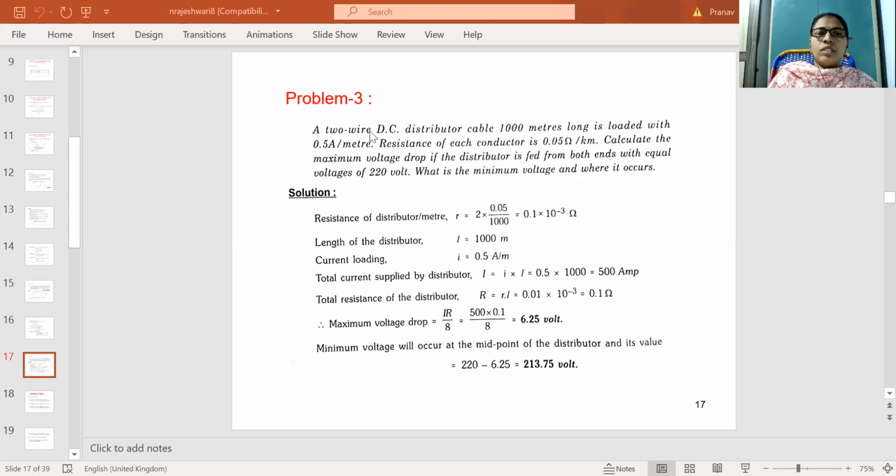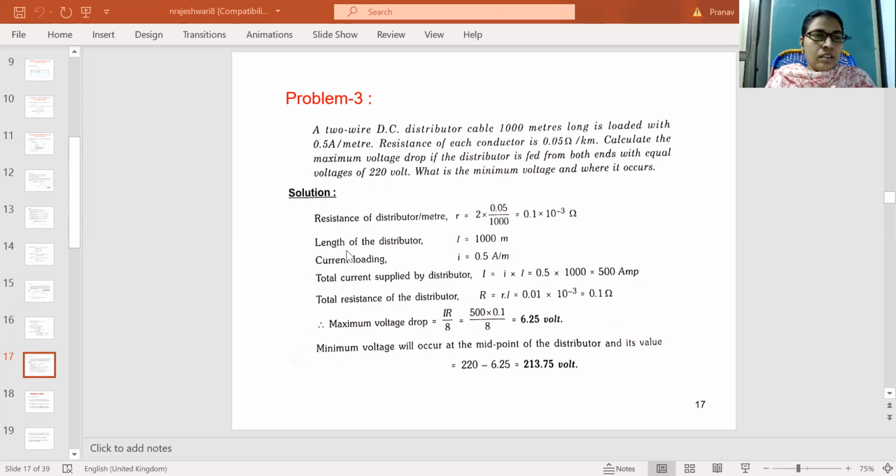So coming to this problem, first of all, we have to write the solution. The given data: the resistance of the distributor per meter, small r, is equal to 2 times 0.05 divided by 1000, which is equal to 0.1 into 10 power minus 3 ohms.